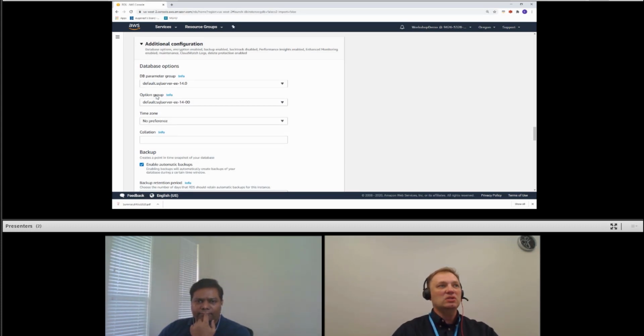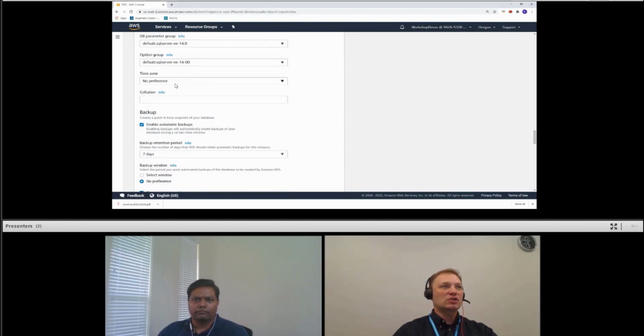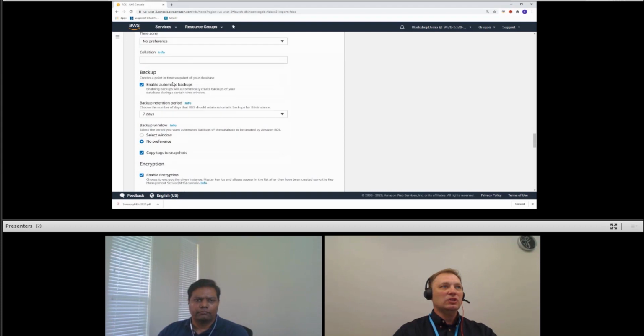On Wednesday, Aditya will go into great detail on how you build your own parameter groups and option groups, but essentially that's the way to reconfigure your instance. Those are instance level configurations. If you want to reconfigure, you have to go through the option groups and parameter groups. I'm not going to change the time zone or collation.